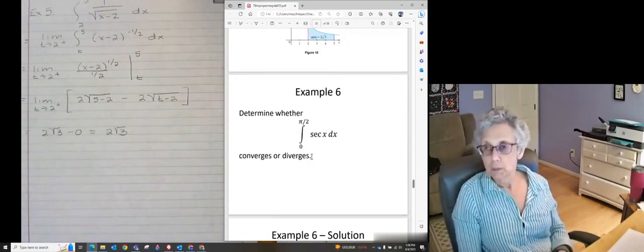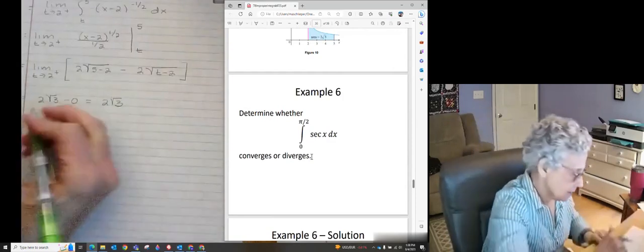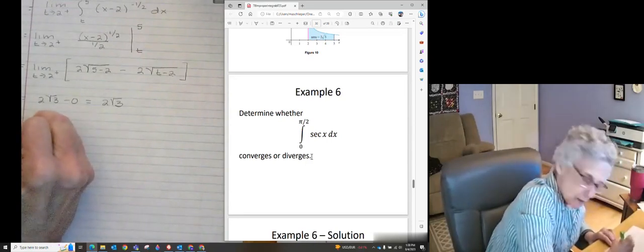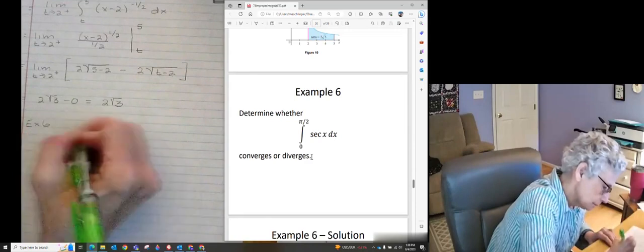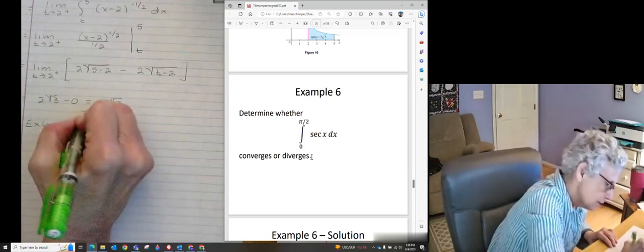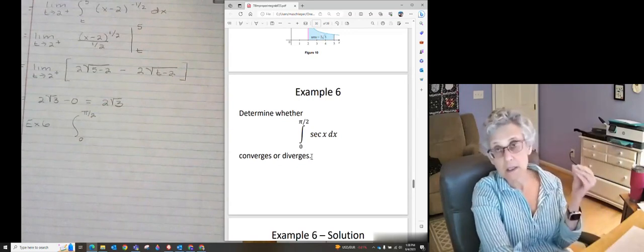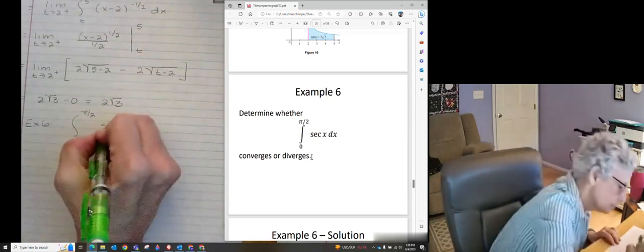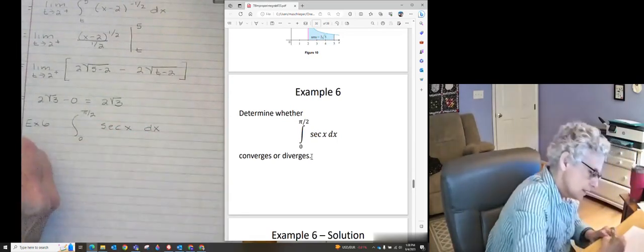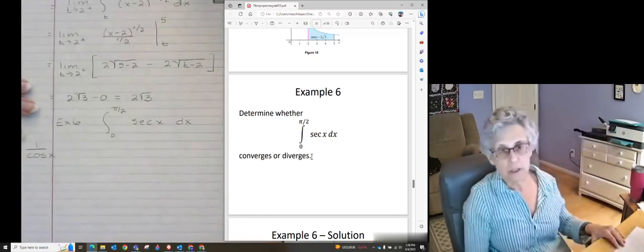Let's determine whether the integral of secant of x from 0 to pi halves converges. So example 6. We're looking at the integral from 0 to pi over 2, and now let's think about what secant is. Secant is 1 over cosine.